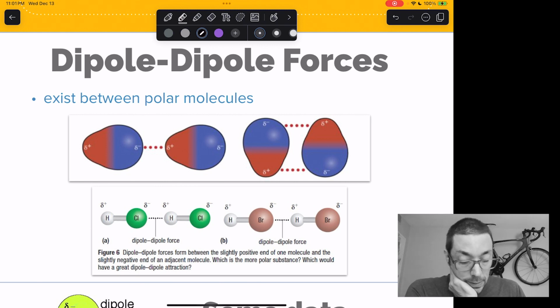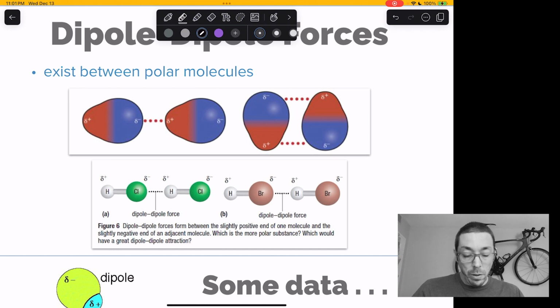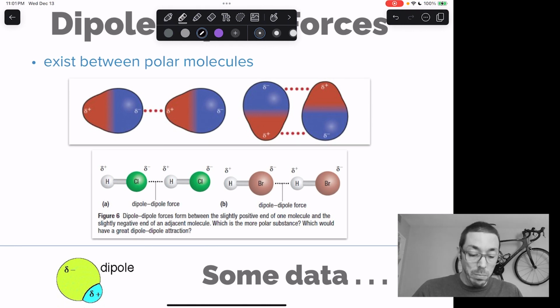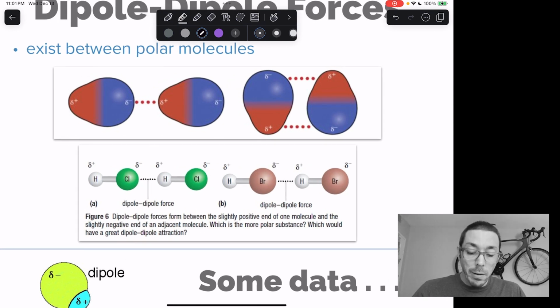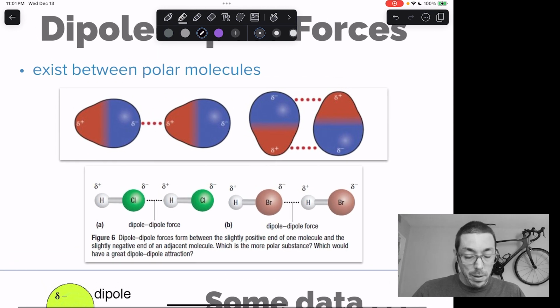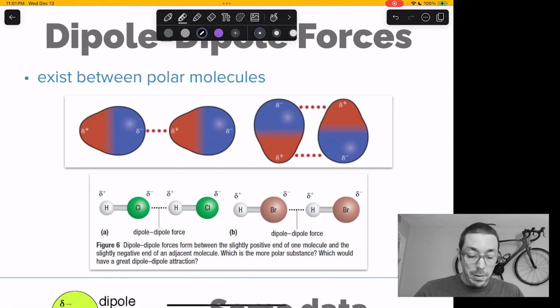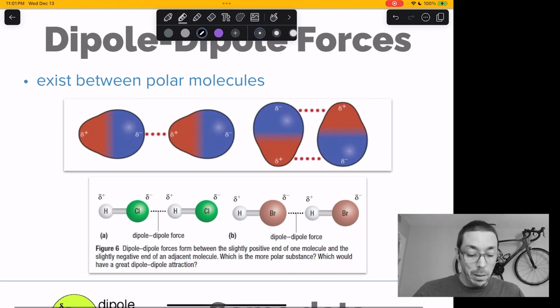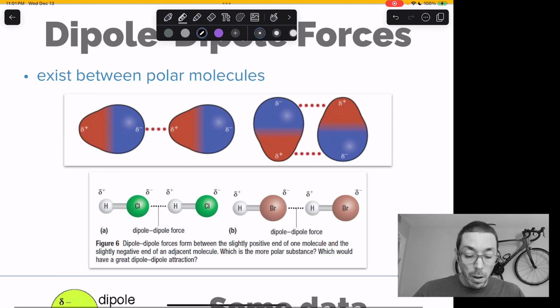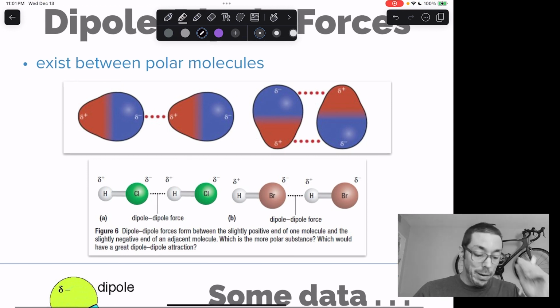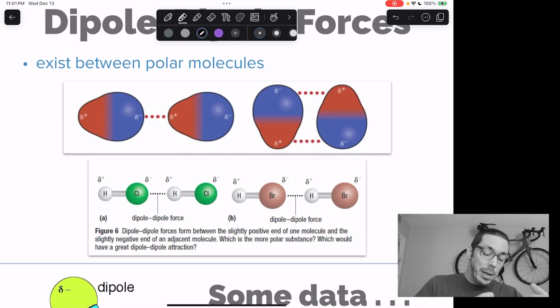So if you do have a polar molecule, then one side of the molecule is more negative than the other, and this is not a temporary thing. This is a permanent thing, because the bond, the difference in electronegativity, is pulling the electrons permanently to one side of the molecule.